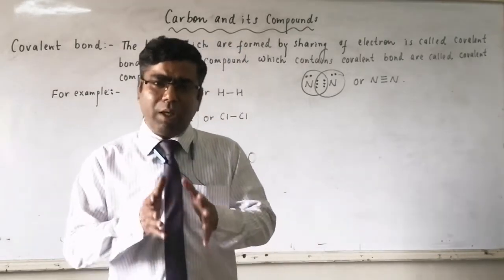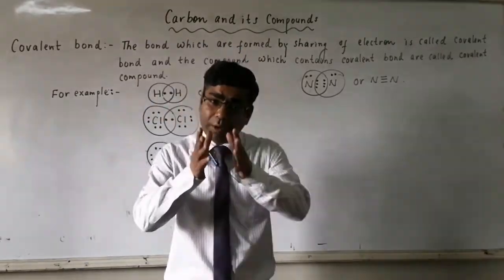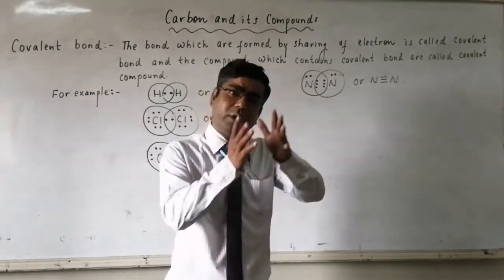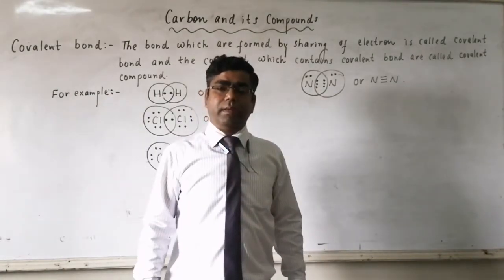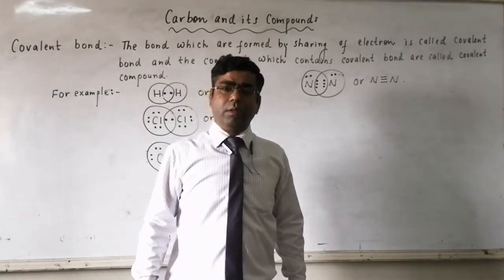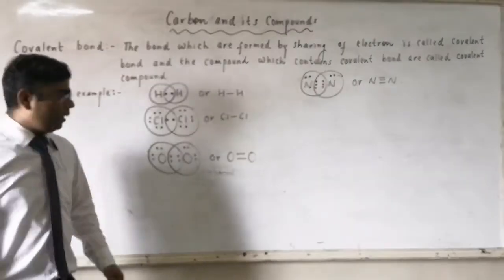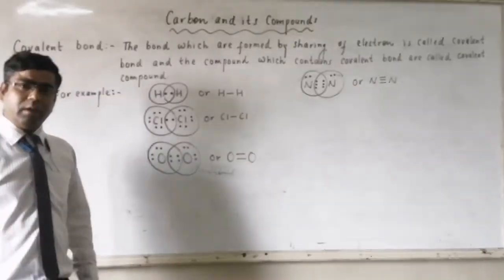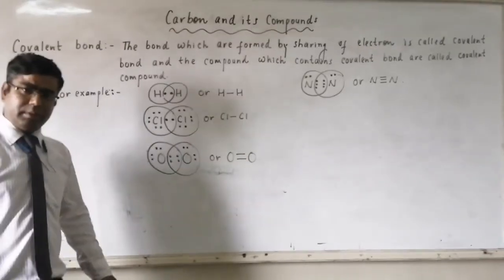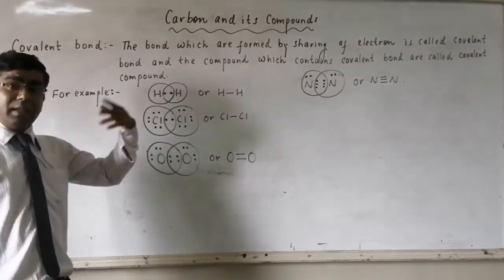Because it requires only 1 electron, it will contribute only 1 electron for sharing. So let us talk about the Cl2 molecule. Here the electron which is involved in bond formation will be shared with the other chlorine atom.